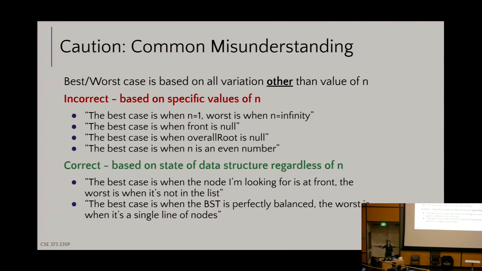Or if you remember binary search trees, if a binary search tree is perfectly balanced, like all of the branches are full, so that every time I go left or right, I'm eliminating half of the possible choices, that's the best case scenario.